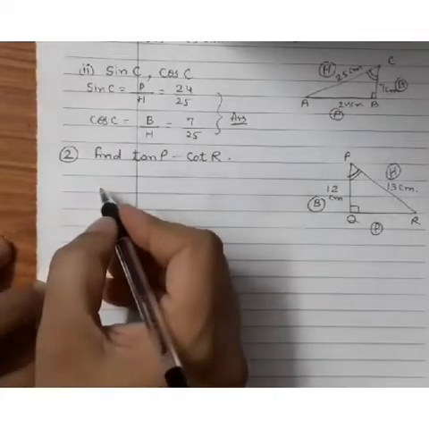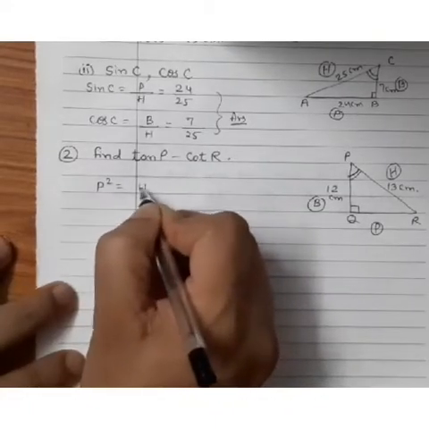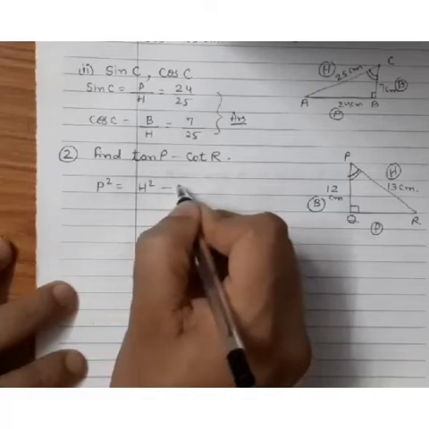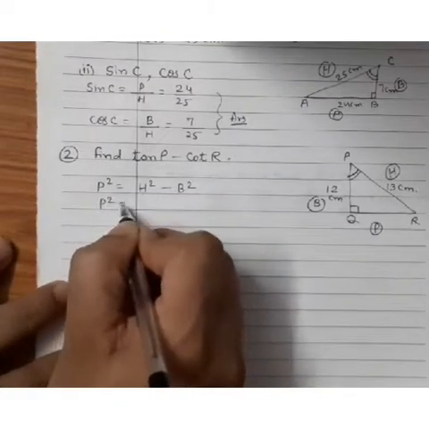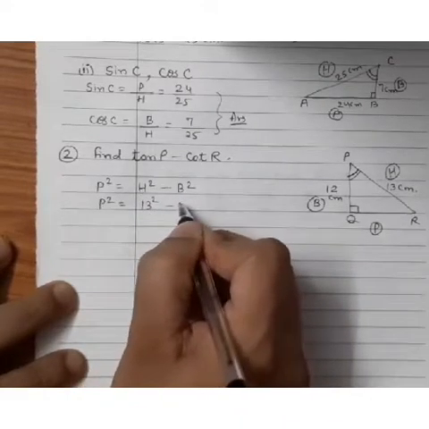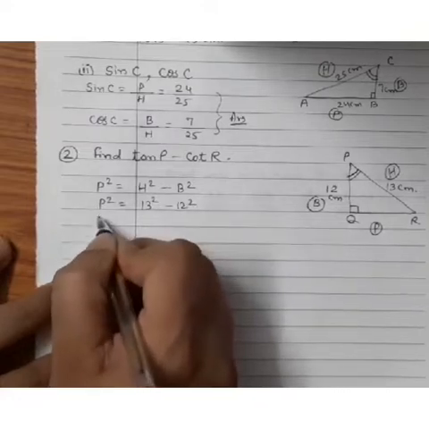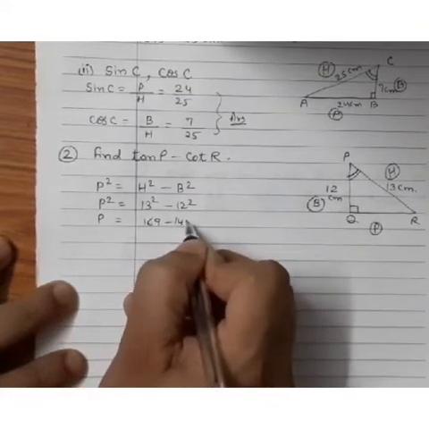So by Pythagoras theorem, we have to find the perpendicular. So perpendicular square is equal to hypotenuse square minus base square. H is 13. Base is 12. So p square will be 169 minus 144.